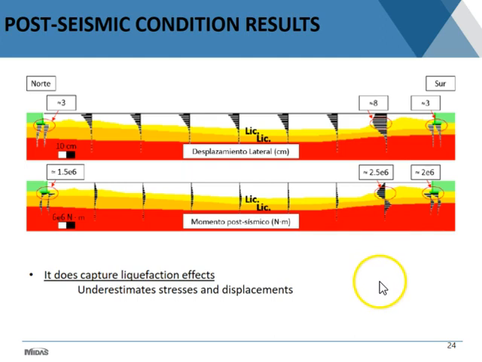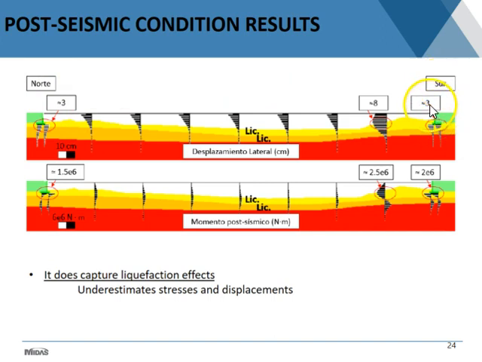Now, if we go to results, this is the purely kinematical model, the one that I mentioned a few slides earlier, dealing with FLAC 2D and also changing the properties from non-liquefiable to liquefiable one, and just letting the gravity work. If you do that, you get this lateral displacement, in centimeters, in the north and in the south abutment.